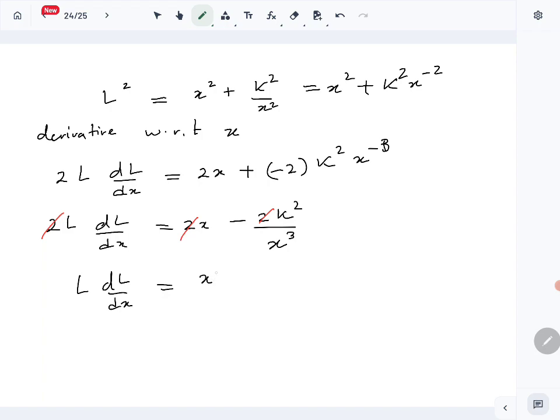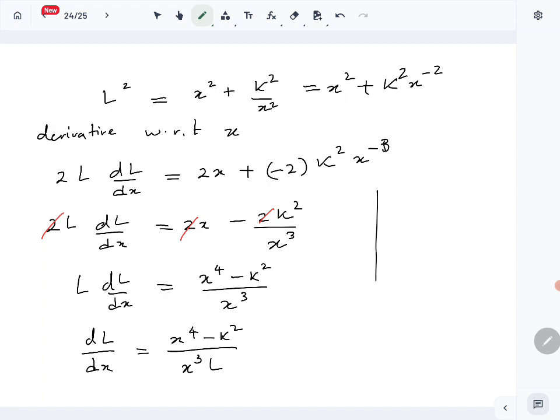Let's take the common denominator. Then x to the 4 minus k squared over x cube. dL over dx is then equal to x to the 4 minus k squared over x cube L. And L is what?